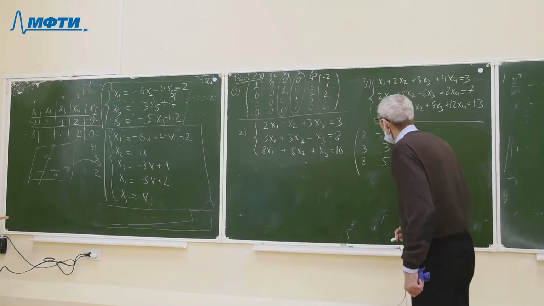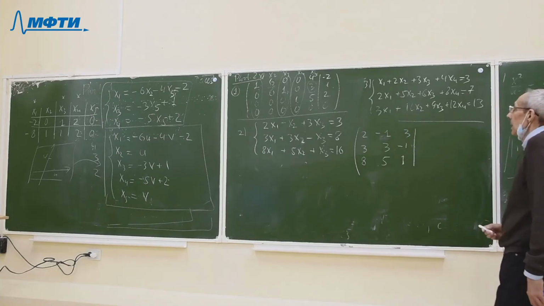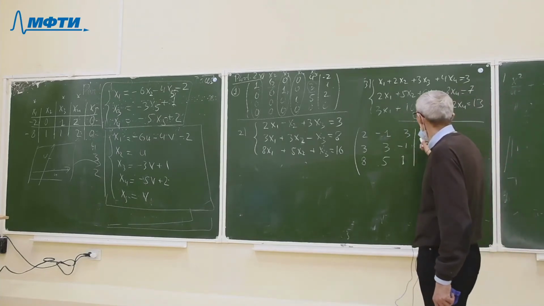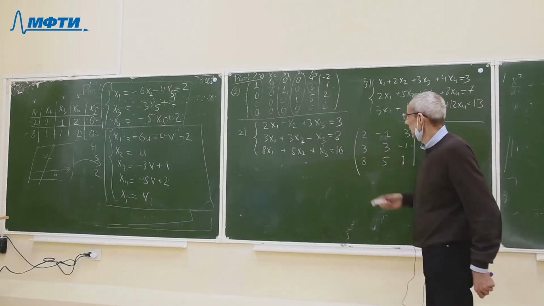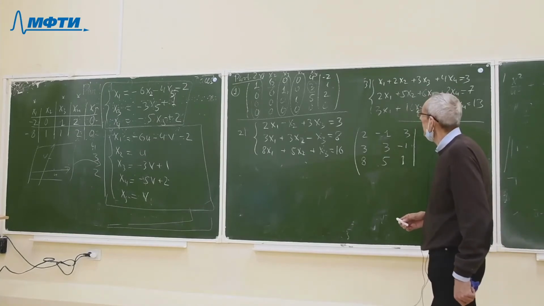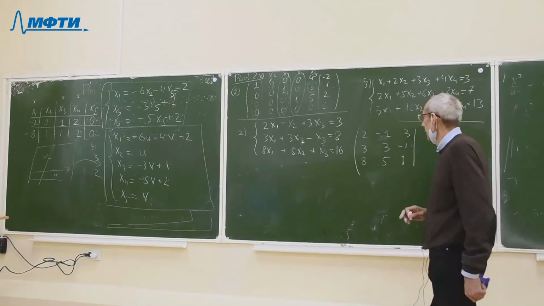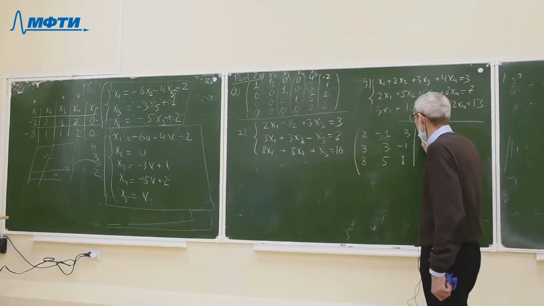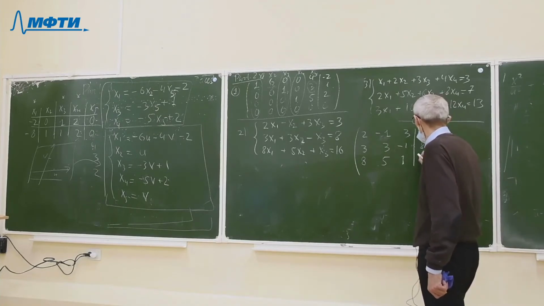And the constant column, the numbers which lie on the right-hand side of the equations of our linear system, is 3, 8, 60.